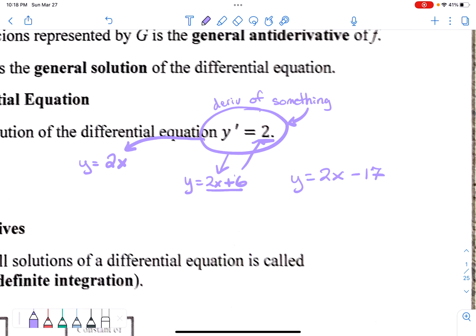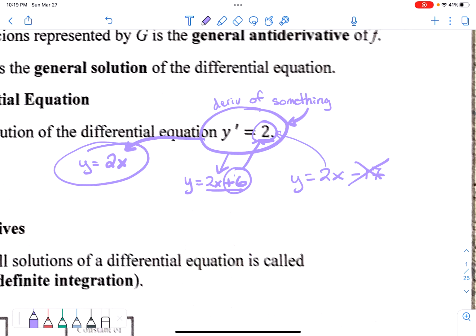What's the derivative of that going to be? It's still going to be 2 because the 17 crosses off to become 0. So we have a problem here in that the antiderivative of 2 is not just 2x, it's 2x plus 6 and minus 17 and any number that you want to tack on to the end of your 2x, because when you take the derivative, it will just end up being 2.